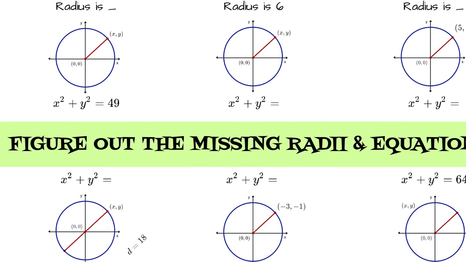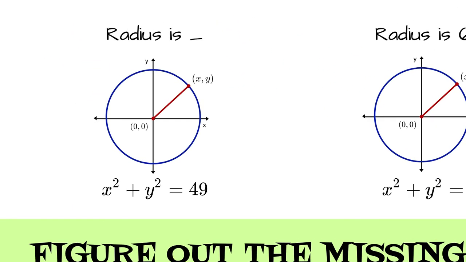Okay, looking at each one separately now, I've been given the r squared value of 49, and I want the radius. So if r squared is 49, square root both sides, throw away the negative value, so r is 7.